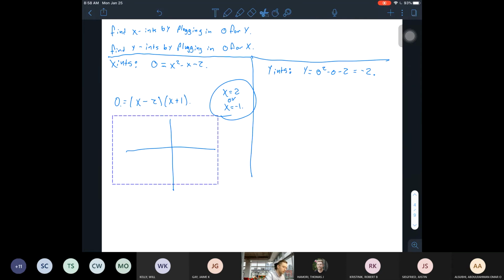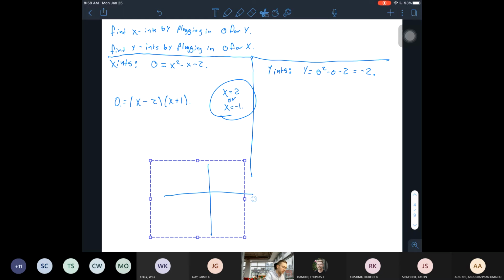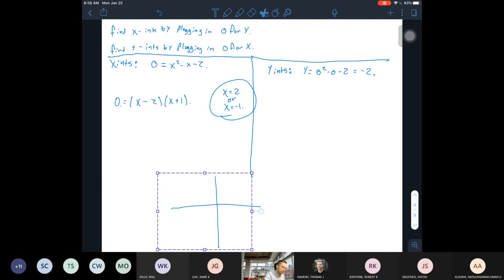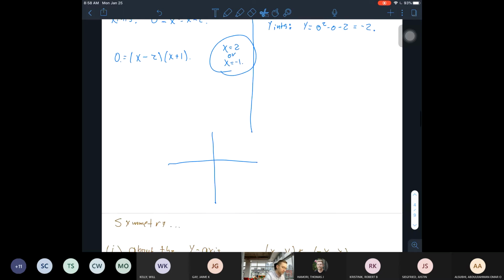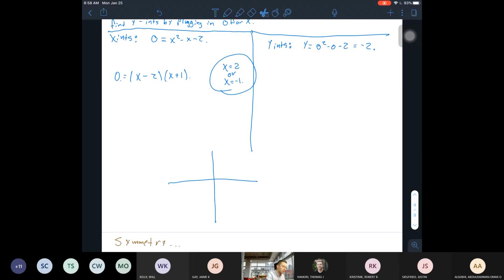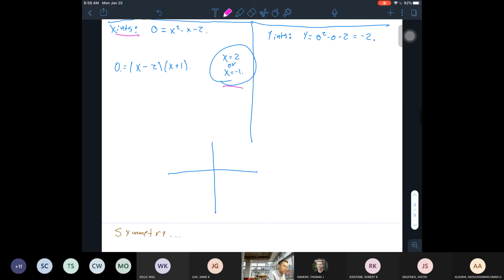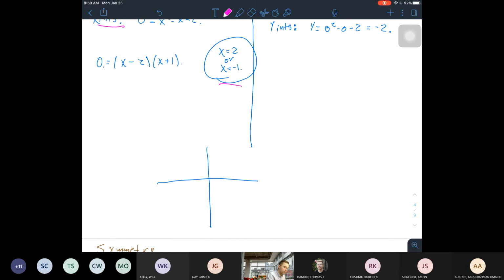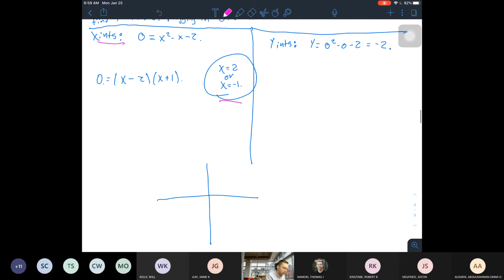So if we want to take all this information and get a picture based on what we've learned, we would plot the X-intercepts, which I'll draw in pink again. It's going to be where our graph crosses the x-axis, and it's going to cross the x-axis twice, once at +2 and once at -1.